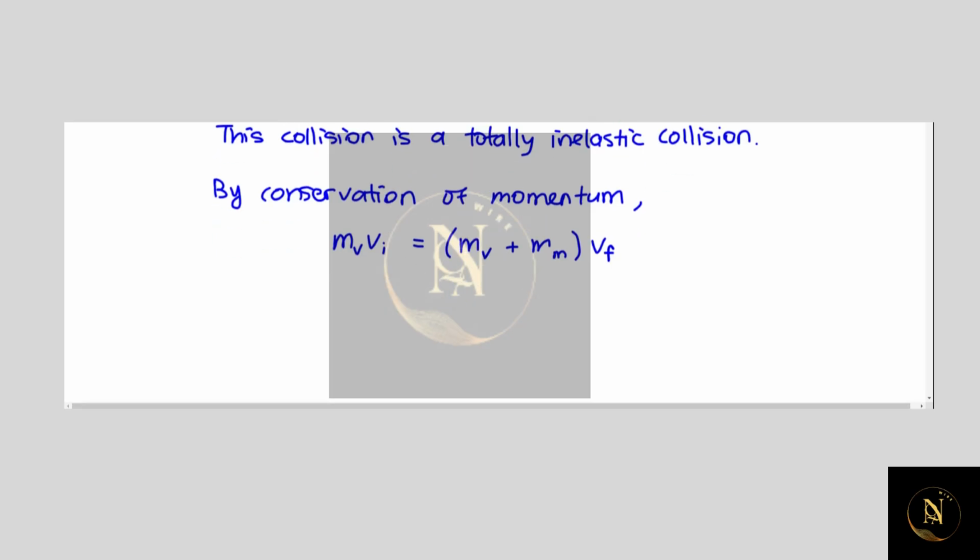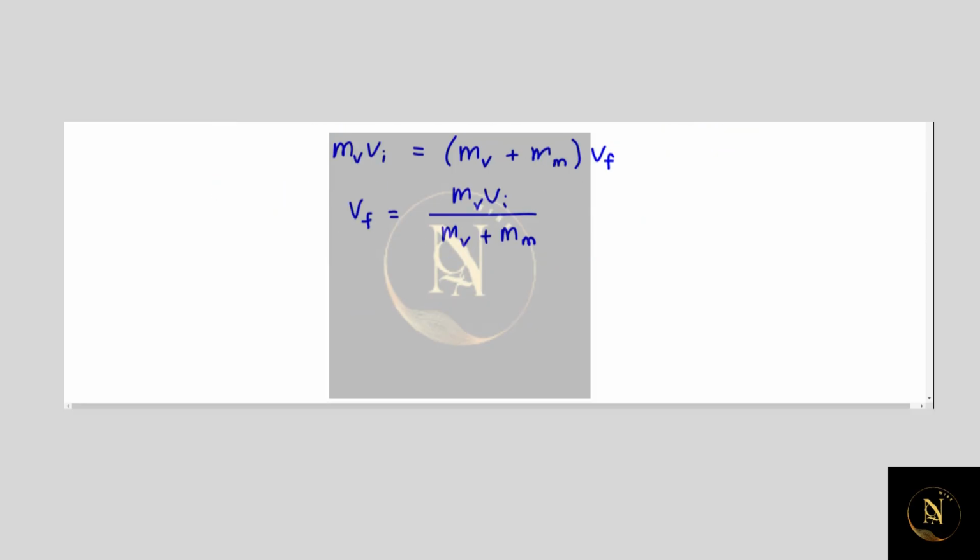So v final is m_v v_i divided by the total mass. The final kinetic energy K_f is half (m_v plus m_m) v_f squared.